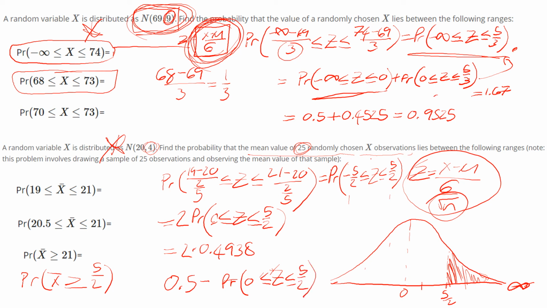And that would give you the solution. In other words, you're subtracting this shaded area from the entire half of the distribution to find this value over here. And that's how you solve that one.